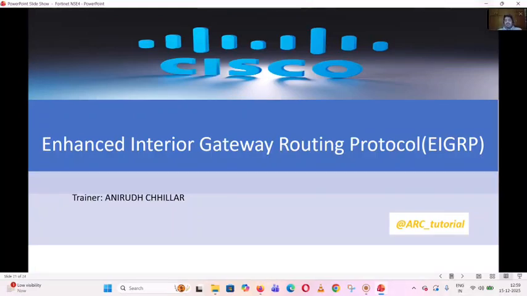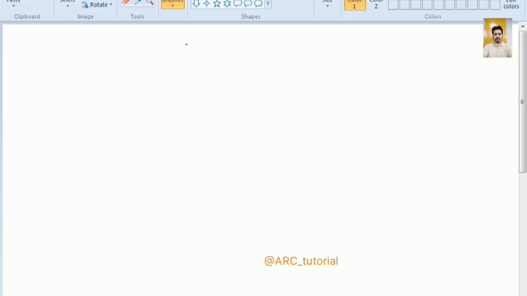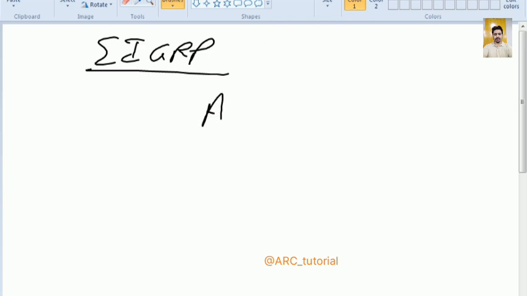So today we'll be talking about EIGRP, that's Enhanced Interior Gateway Routing Protocol. So let's go, guys. Let's start EIGRP now. Again, distance vector, but advanced distance vector routing protocol, right?